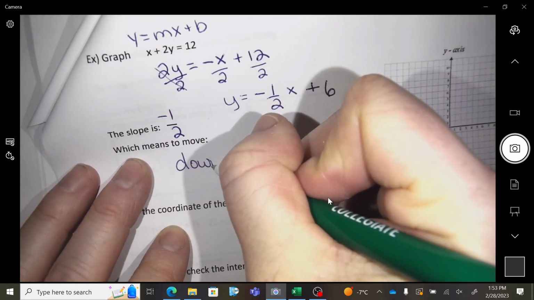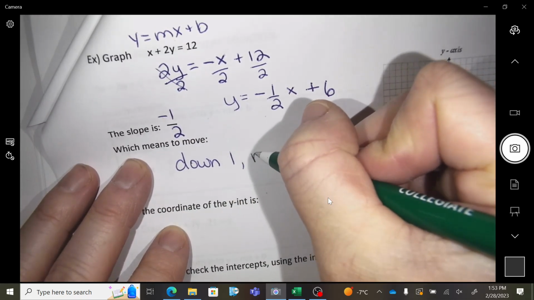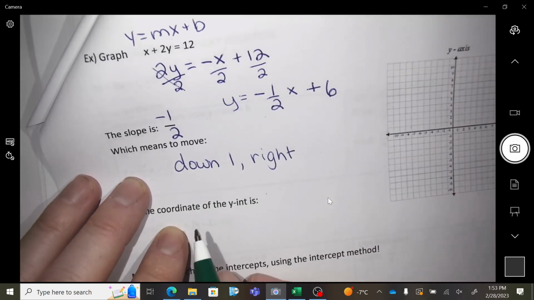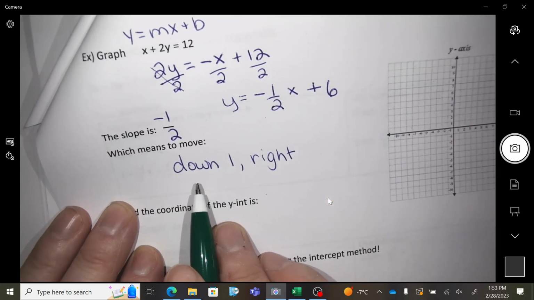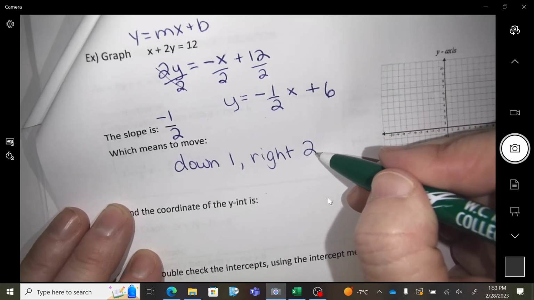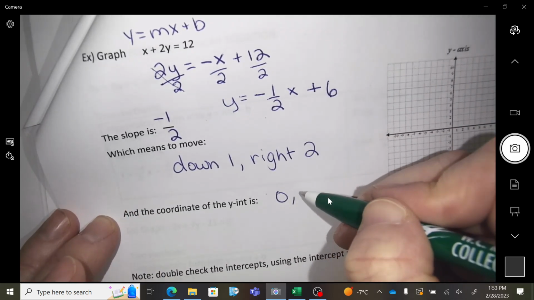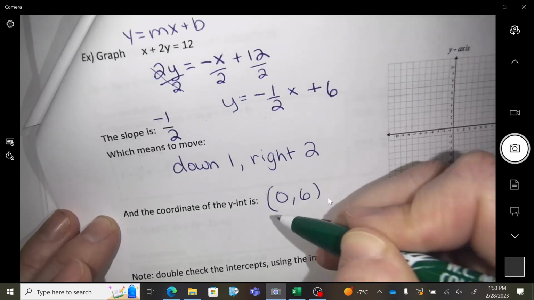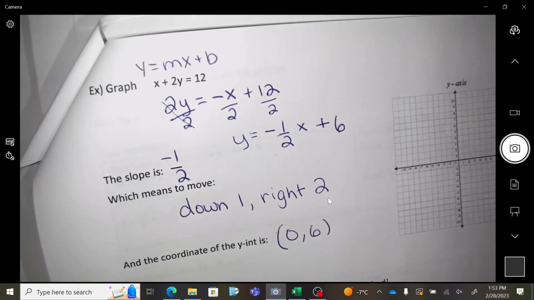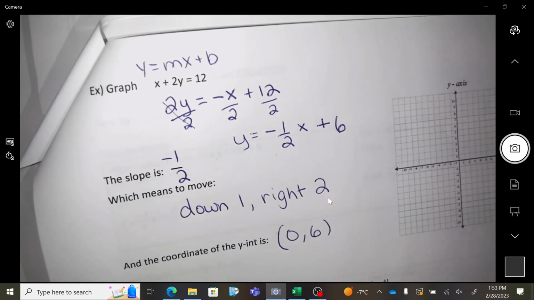which in a direction makes you move down 1, right 2. And your y-intercept should be 0,6.